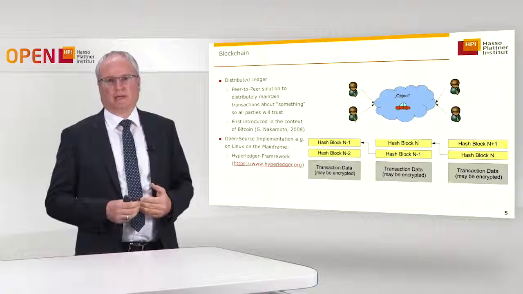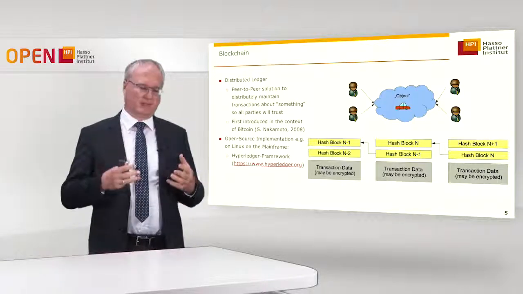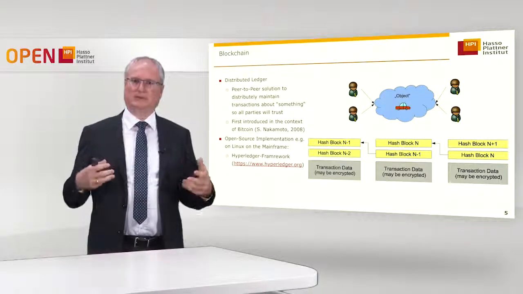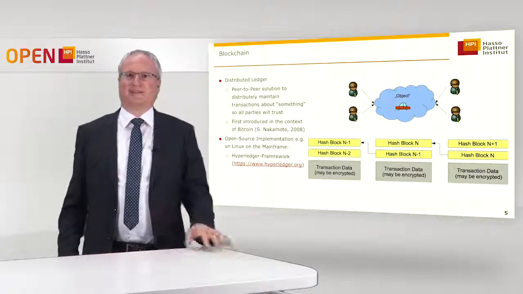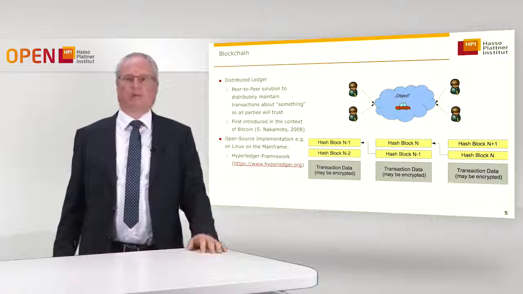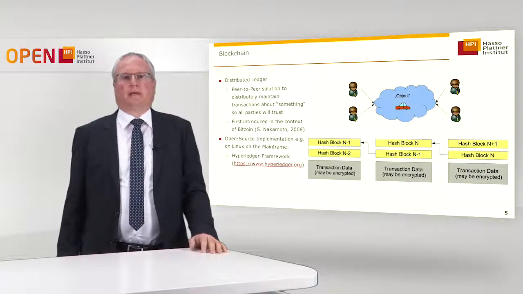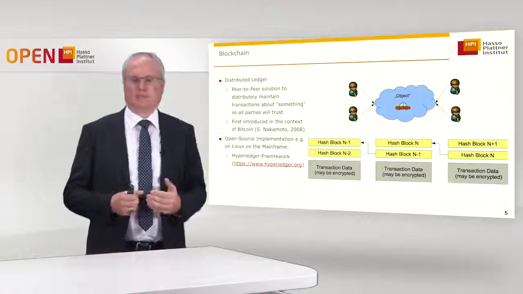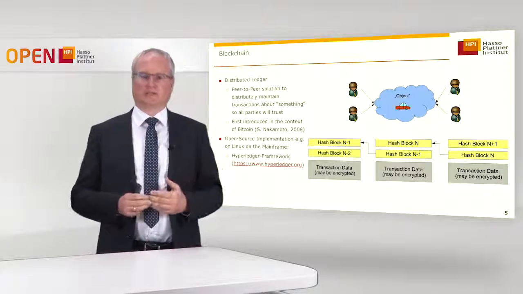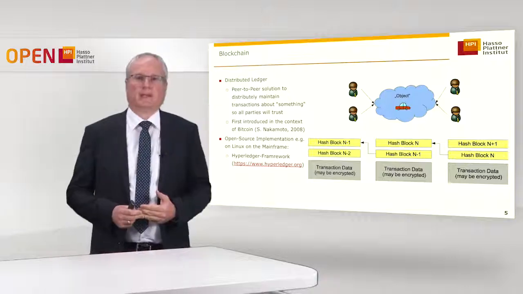In the past and today, typically this is handled by having a trusted third party, kind of a notary that is responsible for keeping this journal or this ledger for all the parties. And this is a typical situation where you have intermediaries in business, like for example brokers and things like that.